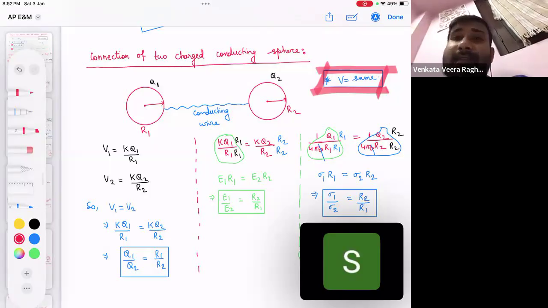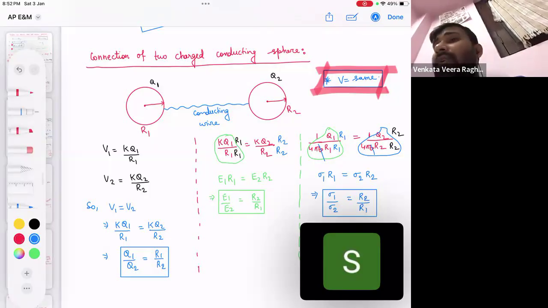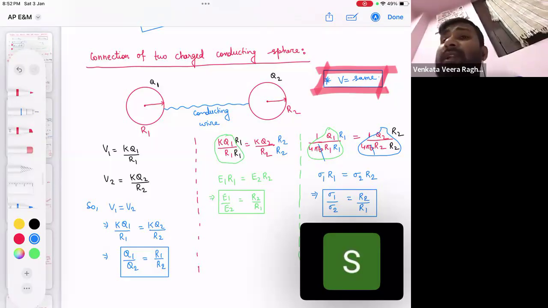The other things, like the charge ratio, the field ratio, or the surface charge density ratio, may or may not be equal. That is not necessarily required. Q1 by Q2 becomes R1 by R2, E1 by E2 becomes R2 by R1, and sigma 1 by sigma 2 becomes R2 by R1.